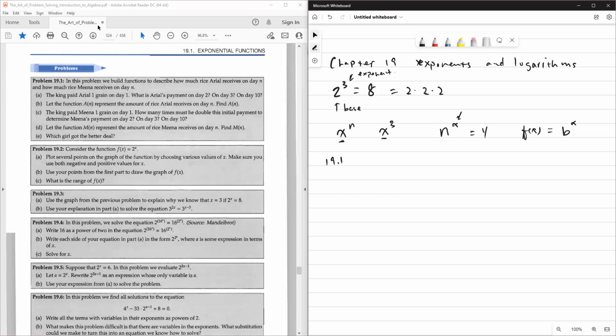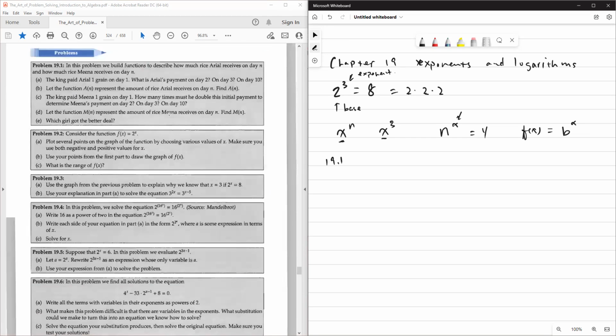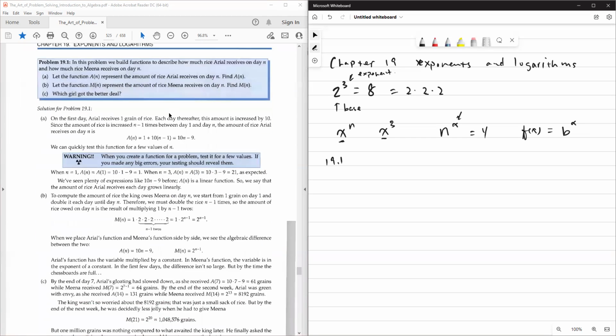At first, from these two numbers, it seems like Ariel gets a better deal, but let's set up the problem, right? So in this problem, we build functions to describe the nth day. So a_n, okay, Ariel's.